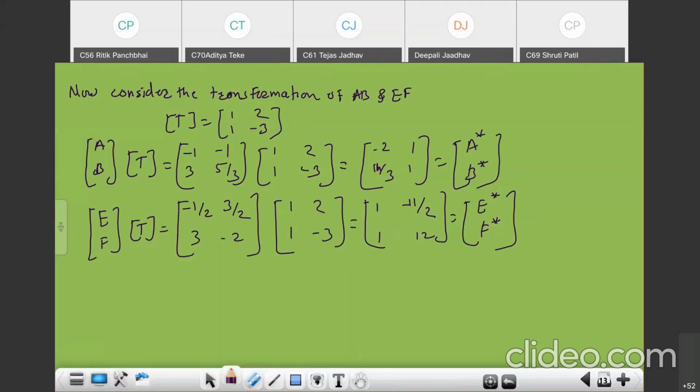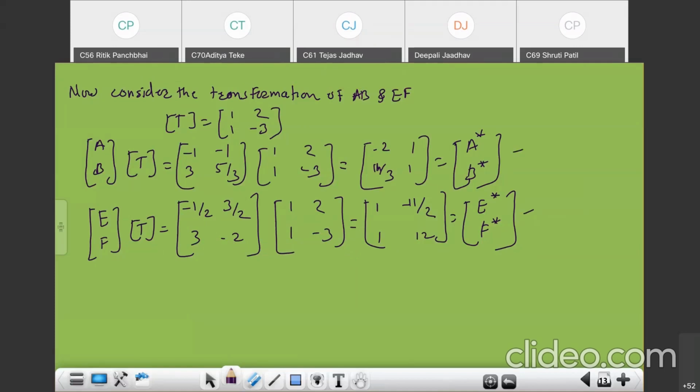Again we need to use the same thing, finding the M inverse and all the things we have seen.